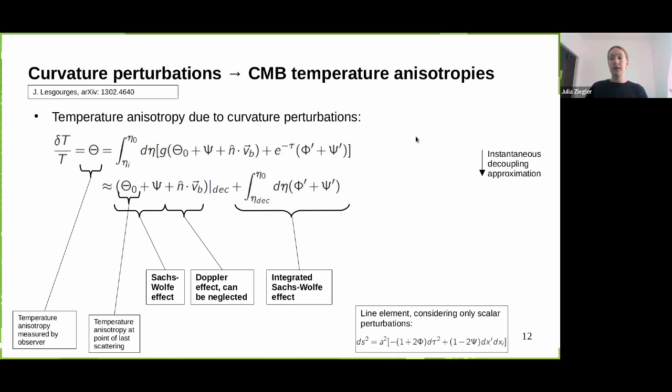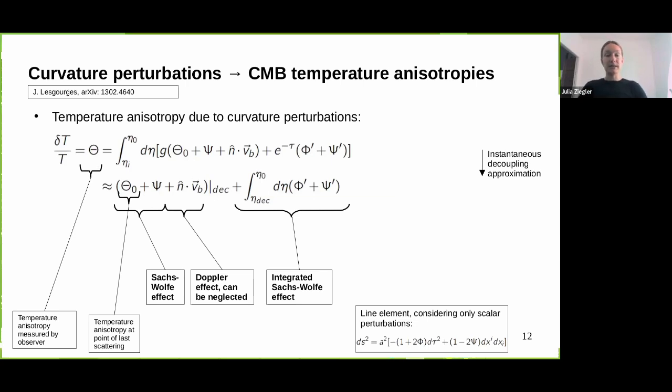However, if we use the instantaneous decoupling approximation, where we assume that all photons decouple in one instant of time, we can write the expression as you can see here, where we can replace the integral by just evaluating these at the time of decoupling.